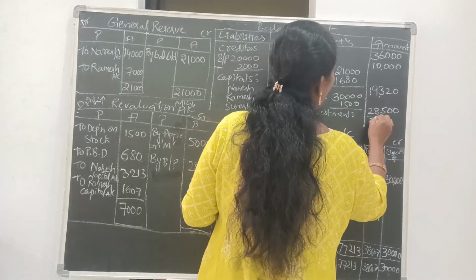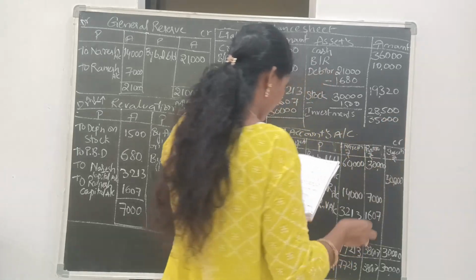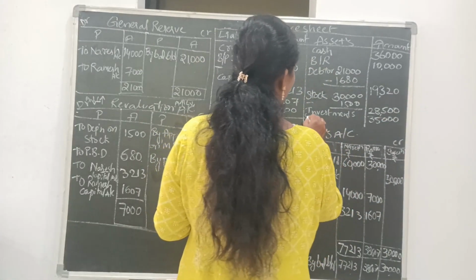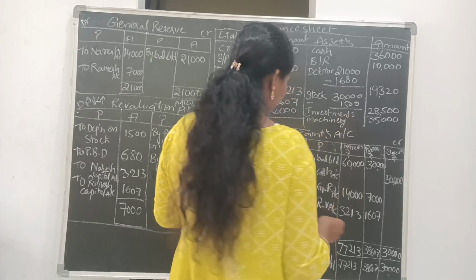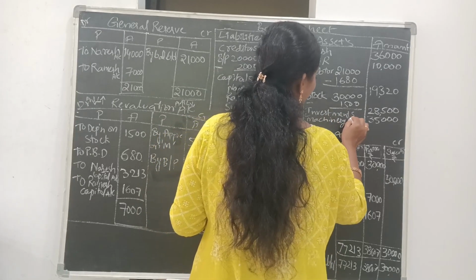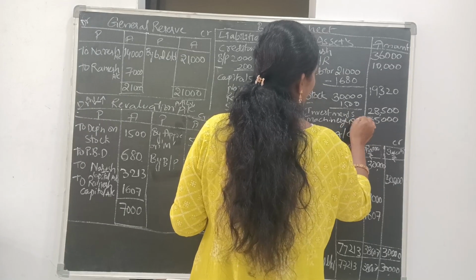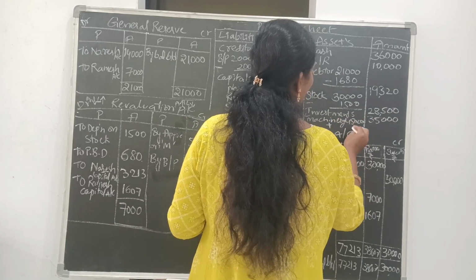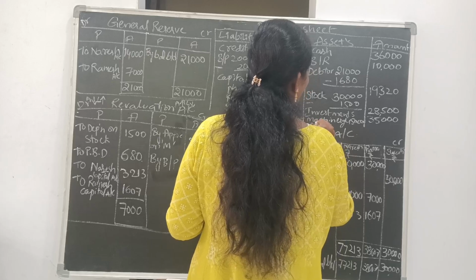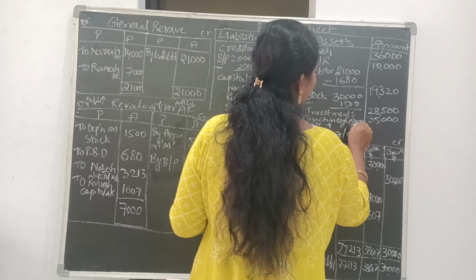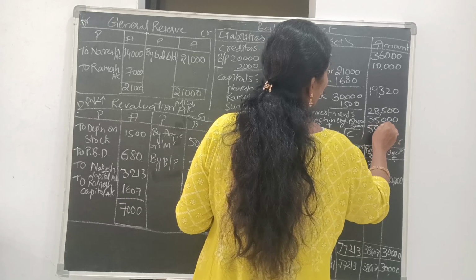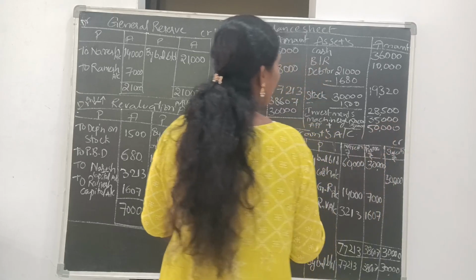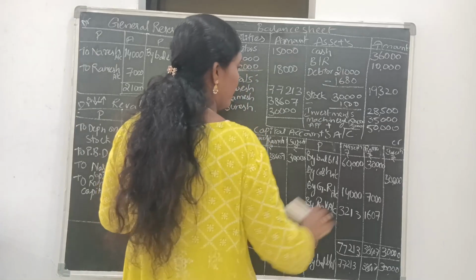No. Next, write down machinery. Machinery is appreciated by 5%, so 45,000 plus appreciation 5,000. So write down 50,000 in the outer column.